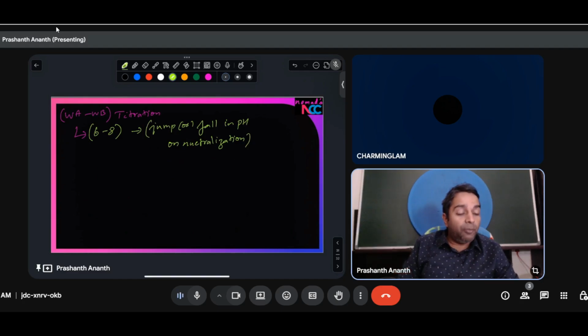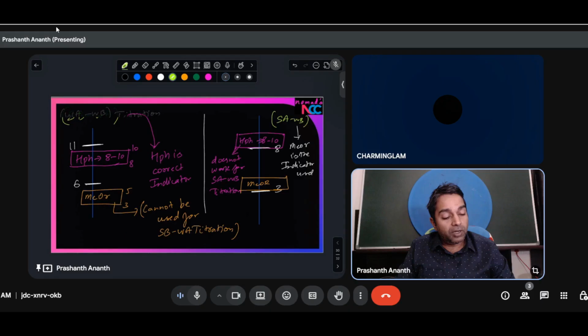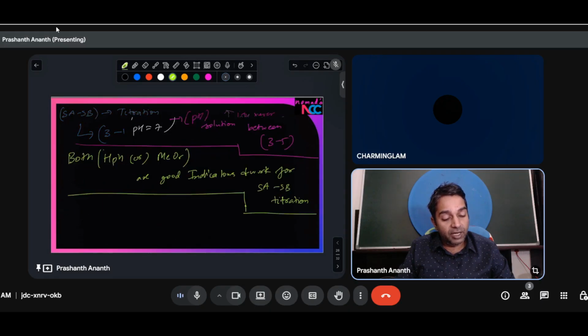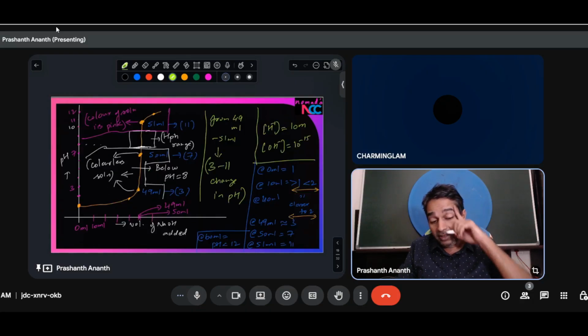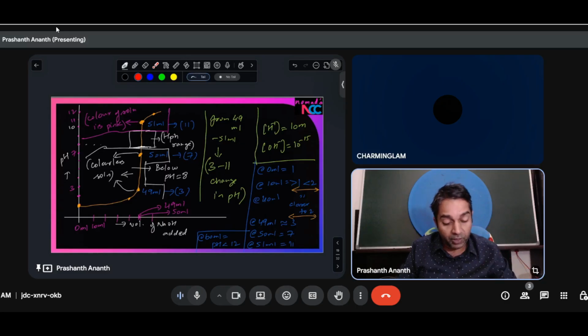Now, a couple of other points which I missed out mentioning in the revision we just did. When you're looking at a titration curve, there are two particular points to remember. At 49 ml and 50 ml, at 50 ml perfect neutralization happens.